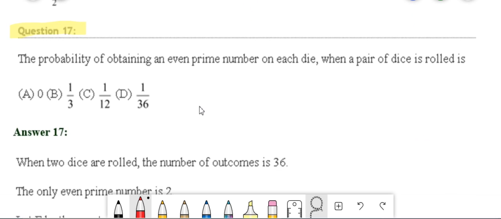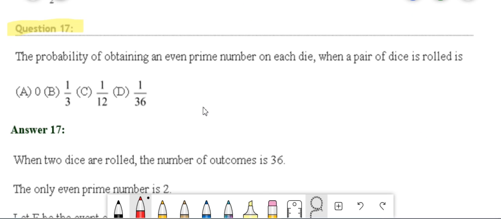Okay, last question of this chapter, 13.2 exercise. The probability of obtaining an even prime number on each die when a pair of dice is rolled is how much? Okay, even prime number. Now you know that there is a single even prime number and that is 2. It is very easy to find out.